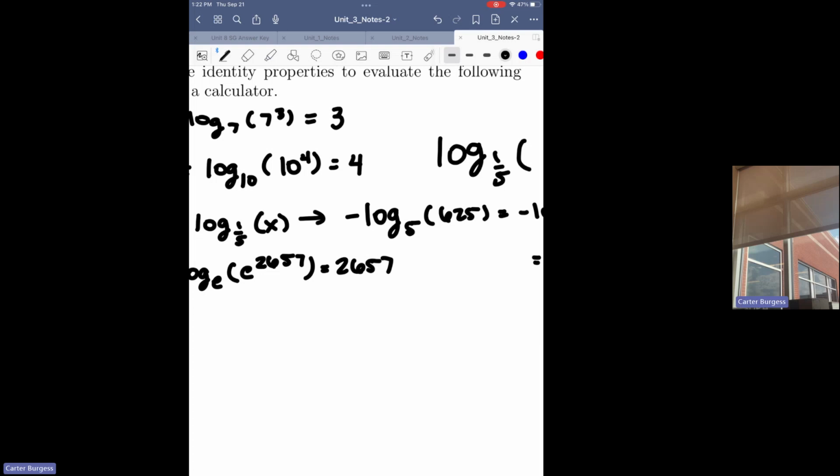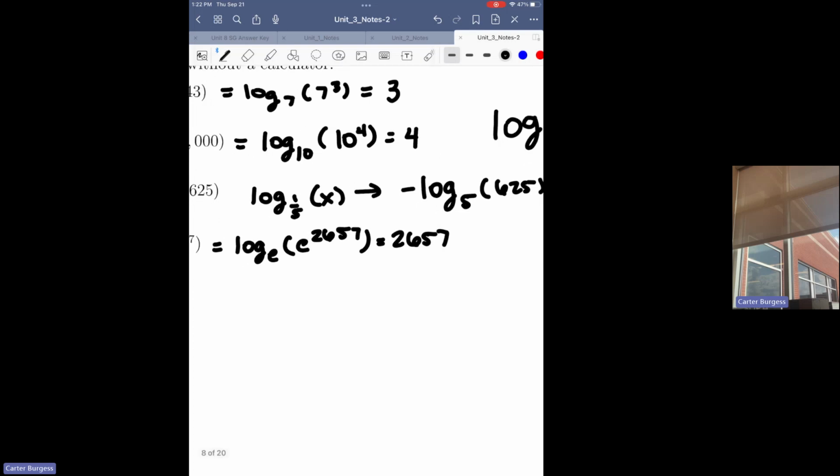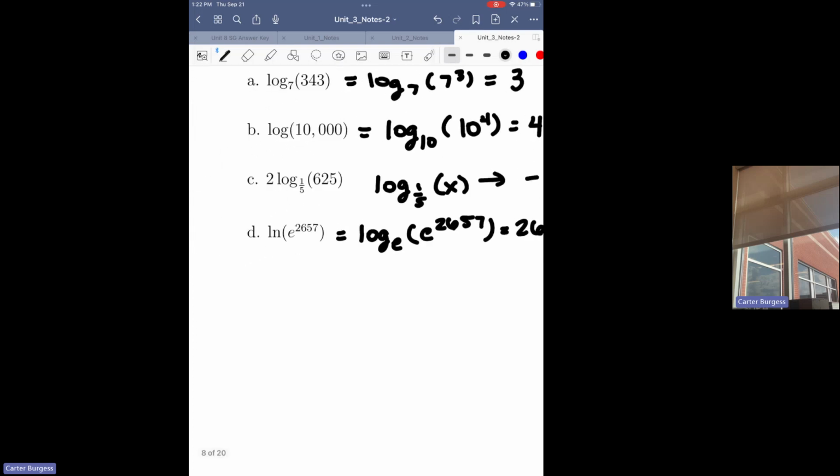Take the reciprocal. So if you ever see a reciprocal of your base, so for instance, notice here, we had a base of 1/5. And when we take that reciprocal, we're suddenly working with a base of 5. So that's how we knew that this was going to be negative, because we're doing a reciprocal. So our outputs, our exponents, can be negative, but our inputs, that result, is never going to be able to be negative, because a base raised to a power, when the base is positive, can't be.